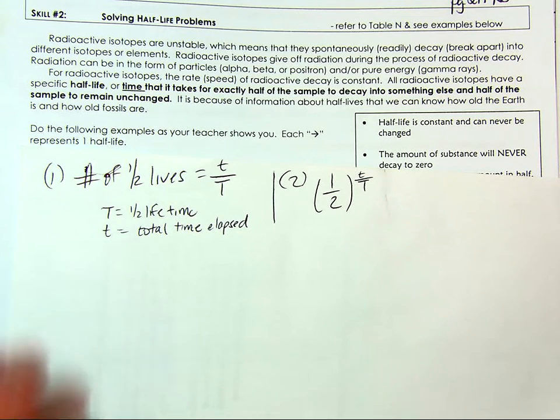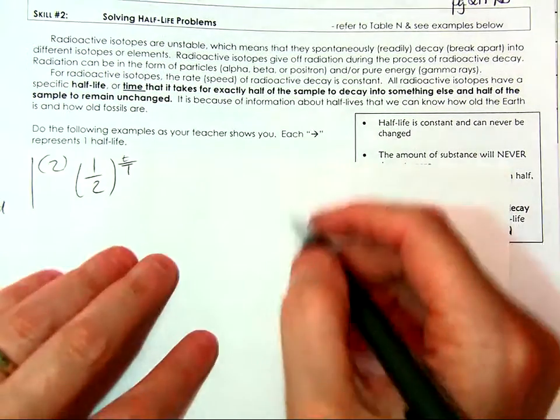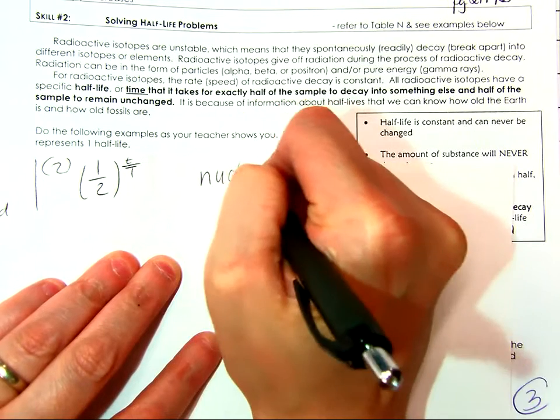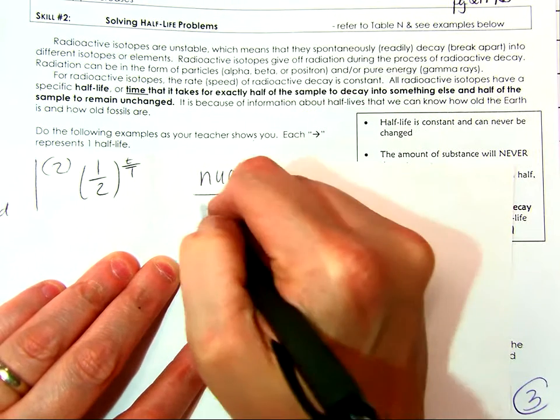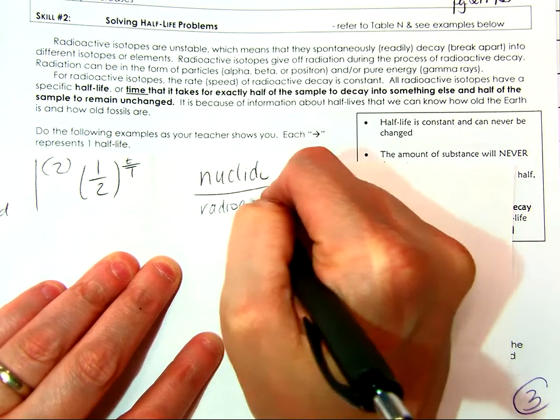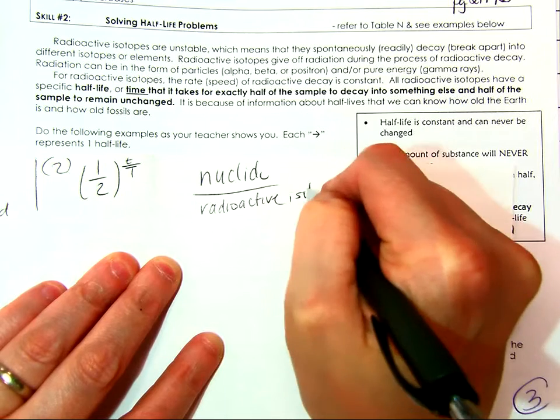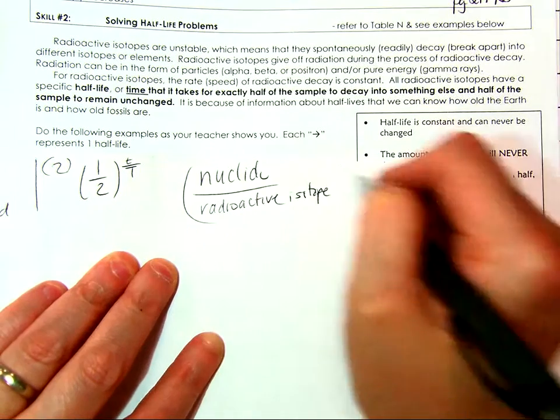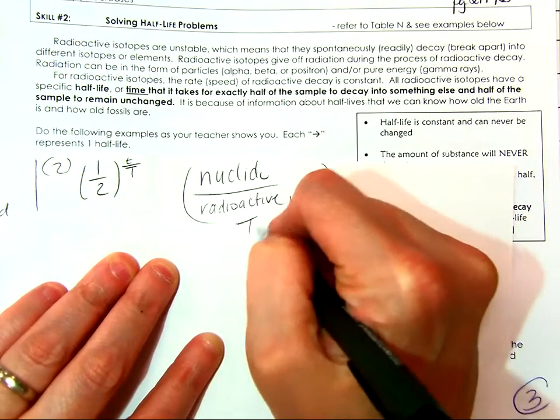And again, you might see this word nuclide. Just keep in mind that's a term that just means radioactive isotope. And more likely than not, you're going to be utilizing these terms with Table N.